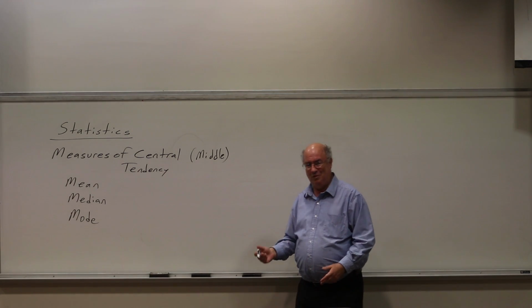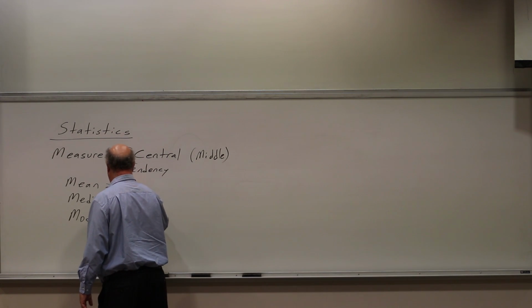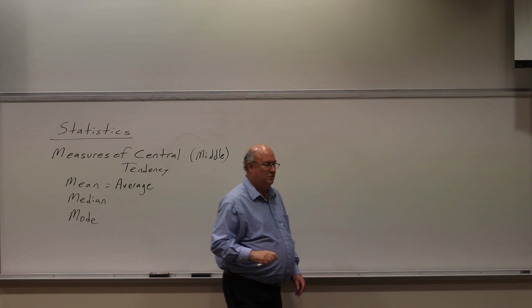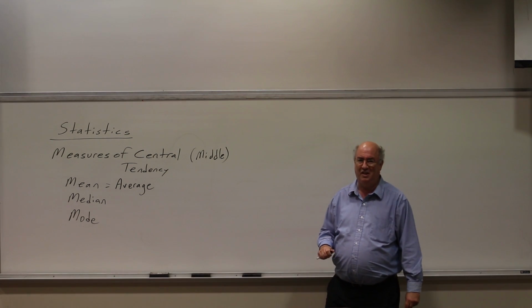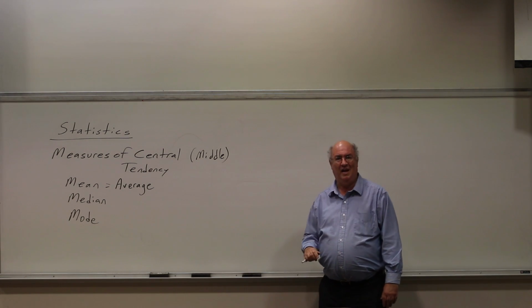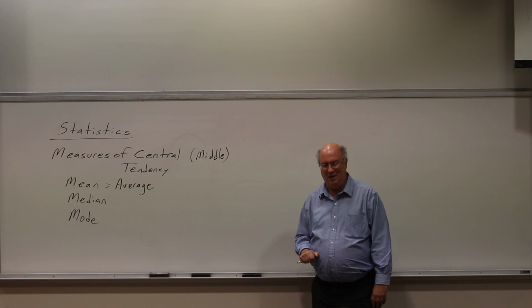Mean, median, mode. First is mean. The mean is the same as an average. You take the numbers that you get, you divide them by how many you have, and you get an average, or in statistics speak, a mean.